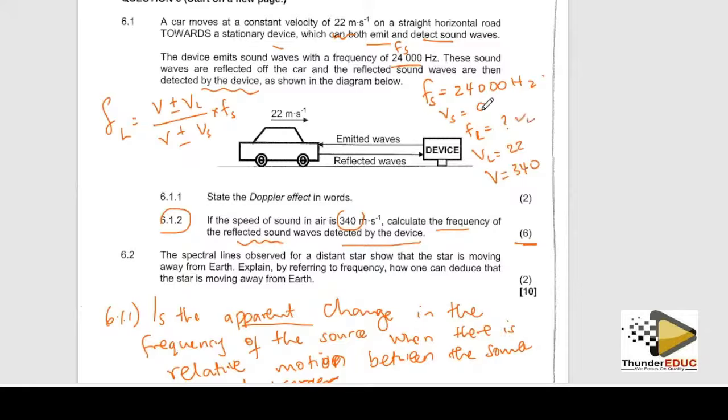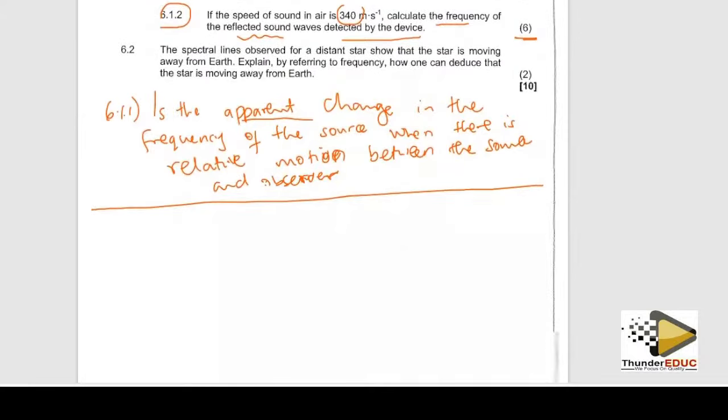Okay, let's first find the frequency that the person in the car is going to observe. So from FL, we have V plus minus VL over V plus minus VS times Fs.